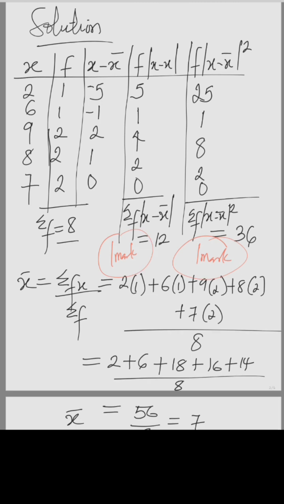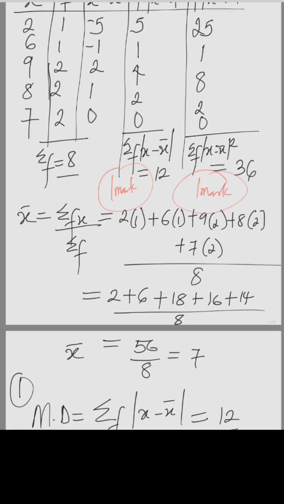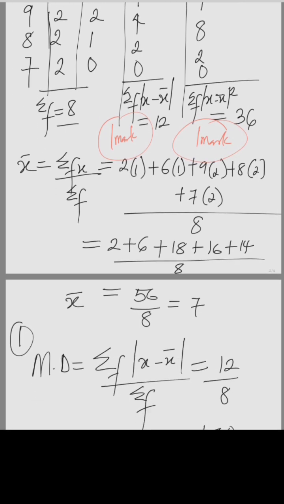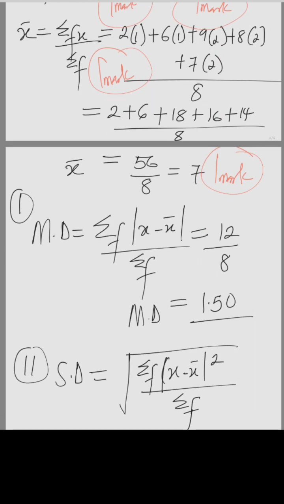When we find the value for x bar, which is the mean, as 7, writing the correct formula and substituting correctly, we have another 1 mark. And also getting the value for x bar as 7 gives us another 1 mark. All these marks are according to the marking scheme from the examination body. And also for getting the mean deviation, substituting correctly, we have 1 mark here.